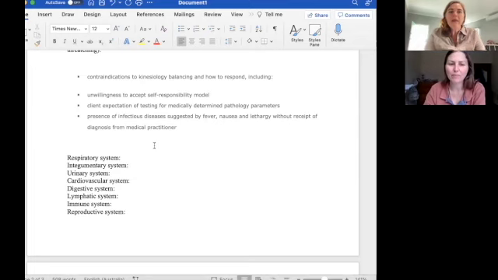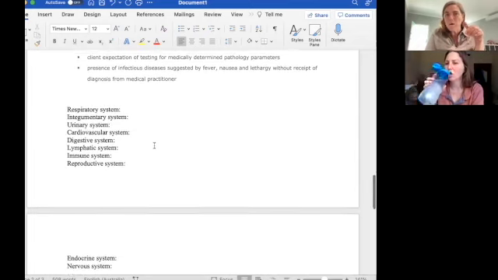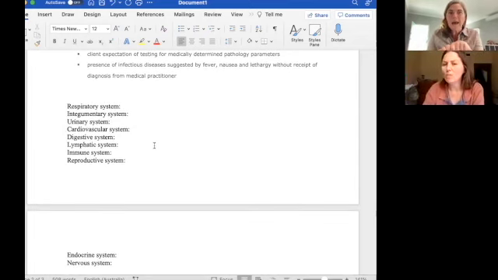But then the last one, which is probably important for us right now, is the presence of infectious diseases suggested by fever, nausea, lethargy without receipt of a diagnosis from a medical practitioner. So generally, anyone who's having fever, feeling nauseous, and it says and lethargy.